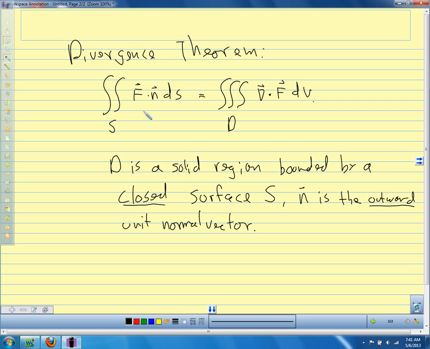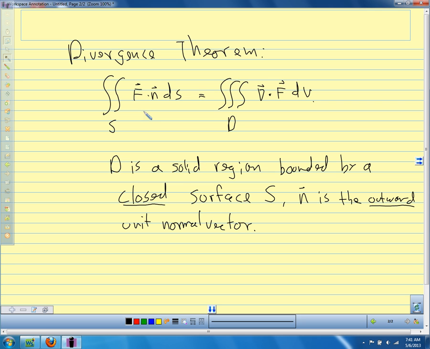The divergence theorem is sometimes called Ostrogradsky's theorem. He was a Russian mathematician, the first person that published the divergence theorem, and he was denied a degree in Russia because he was an atheist.